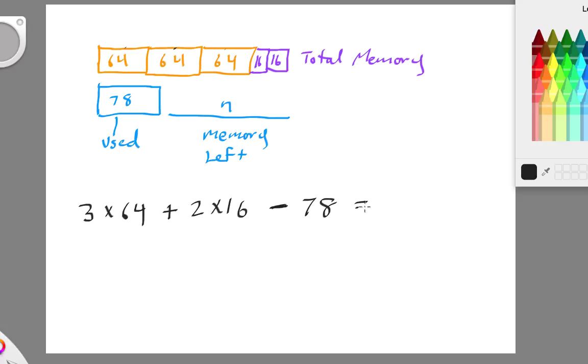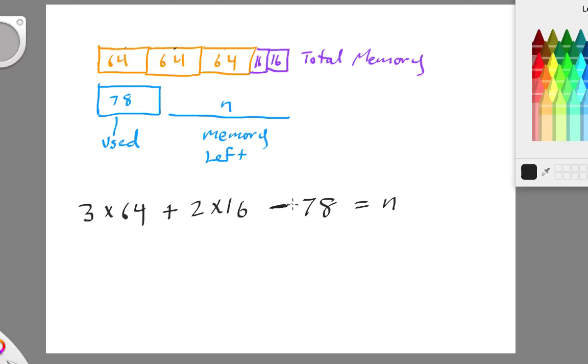And that should give us n. Okay, so this is like looking at it all at once. I've got 3 times 64, I've got 2 times 16, and then I take away the 78, which should leave me the n.